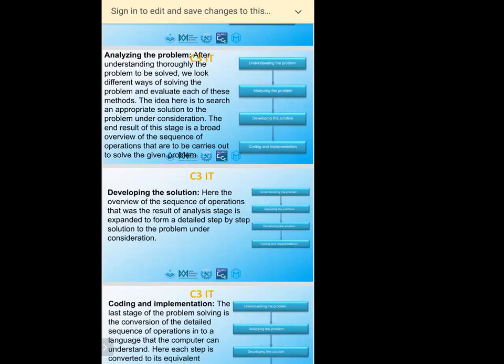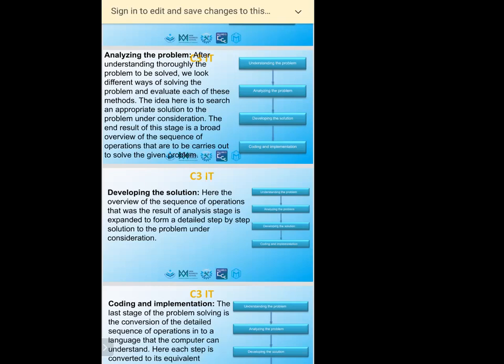On the gas stove, put the pan and make it ready. Likewise, developing the solution means, first you tell me to make a stock report, a program for our shop. That is understanding the problem.